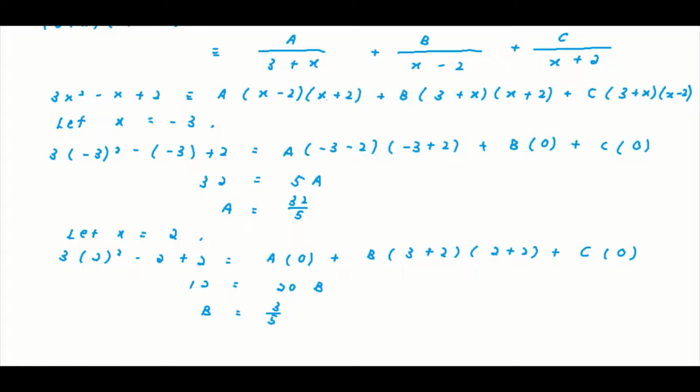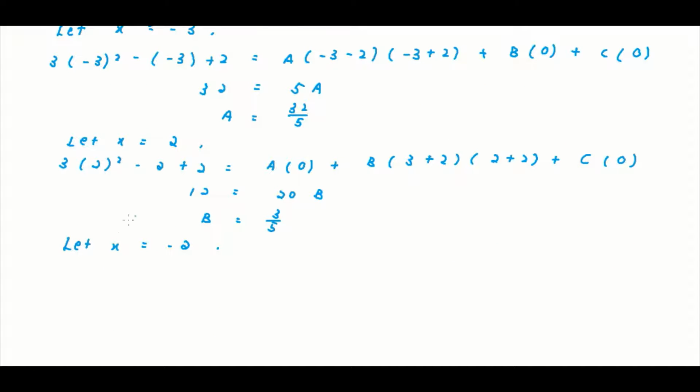Okay, then we need to do the same thing now, check for c. For us to find the answer for c, our a and b need to be 0. So their common factor is x plus 2, meaning we need to substitute x as negative 2. So let x equal negative 2. Now let's try to change.